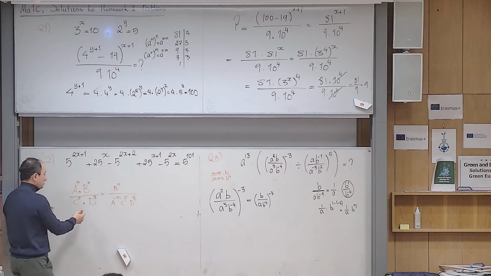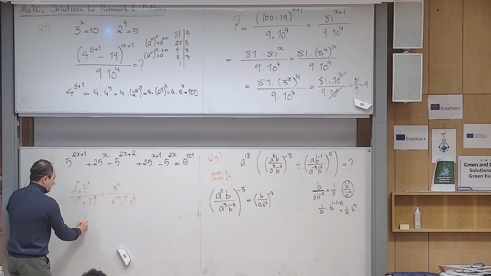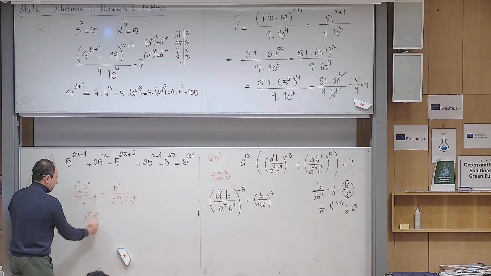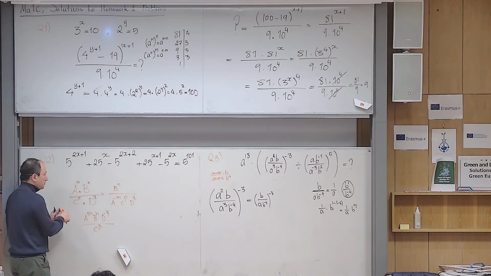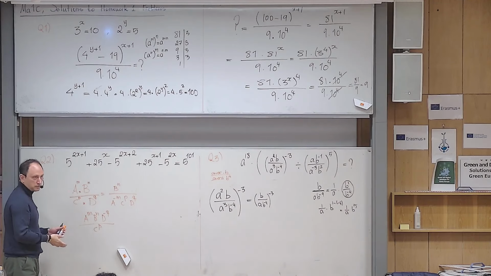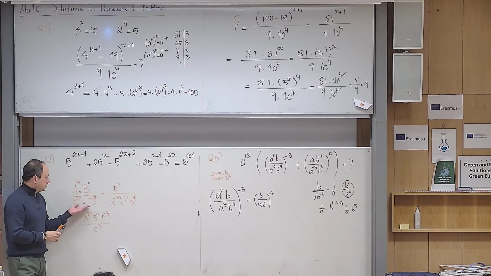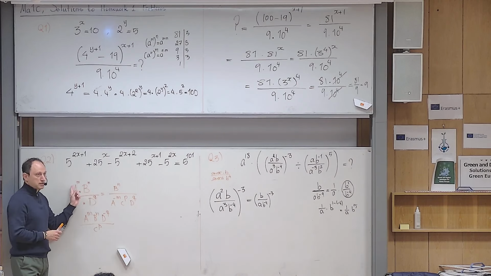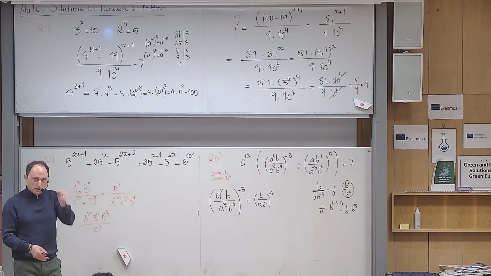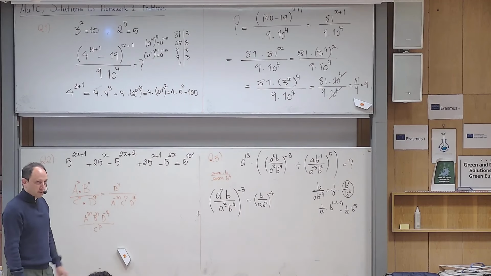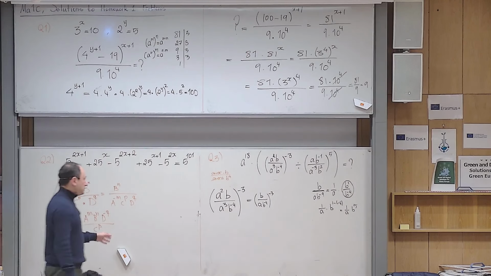Or if you want to, you can write A^M, B^N, and then bring this up and make it negative. All this is possible. So if this is product, be careful. If this is product, it is up to you how you want to move them around. Okay? If there is something in the denominator, you bring it up, you change the sign of the exponent. If it is in the exponent, you bring it down, you change the sign of the exponent. Yes? Is that understandable? So might be this is a better way to do it.